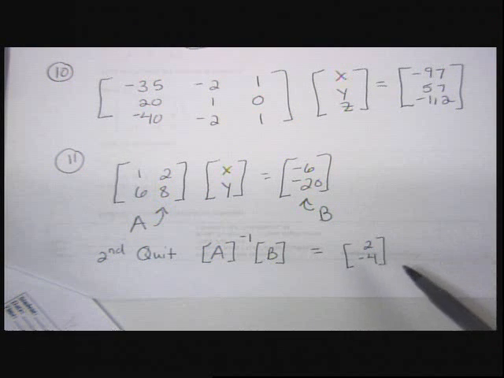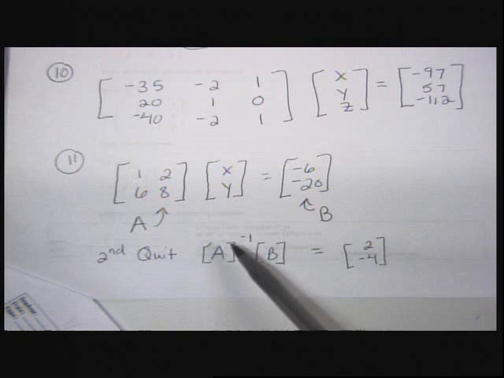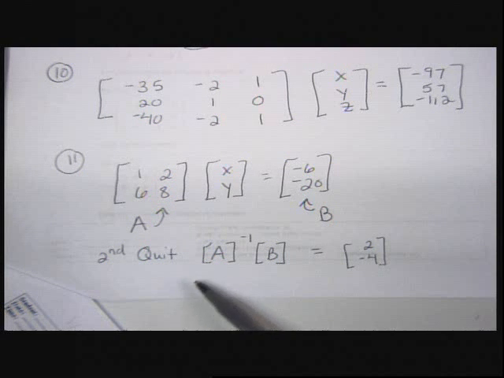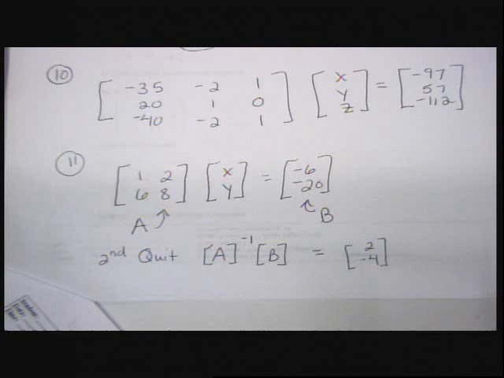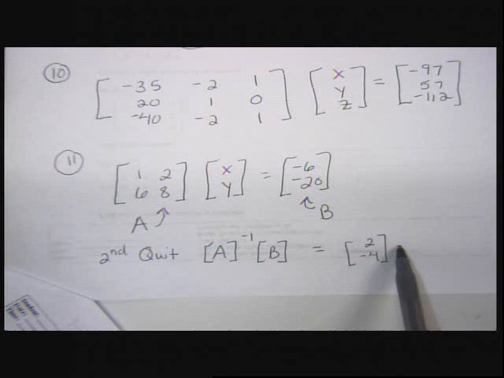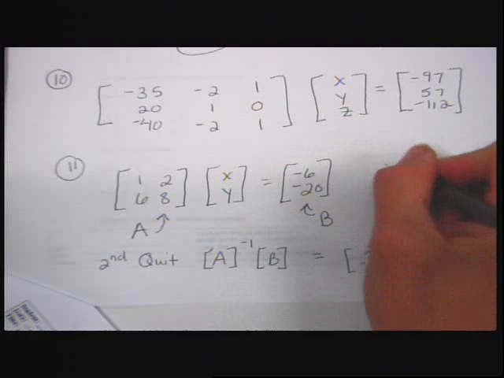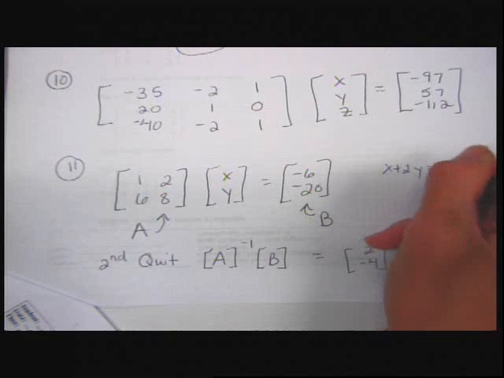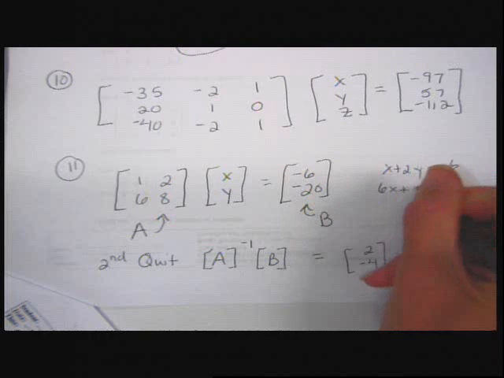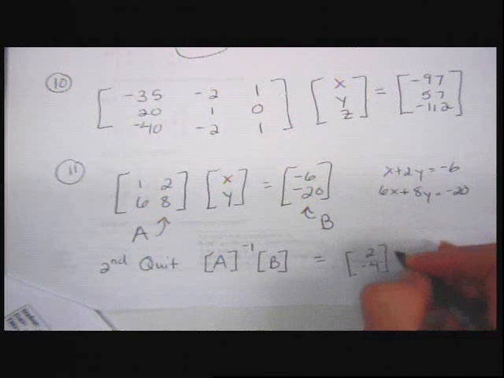Okay, so on this particular question on the online homework, they also asked for A inverse. So you could just go ahead and compute A inverse real quickly, by doing A and then inverse on the home screen, and it'll give you that. What's really exciting about this is that this equation, x plus 2y equals -6, and 6x plus 8y equals -20, works with these values.